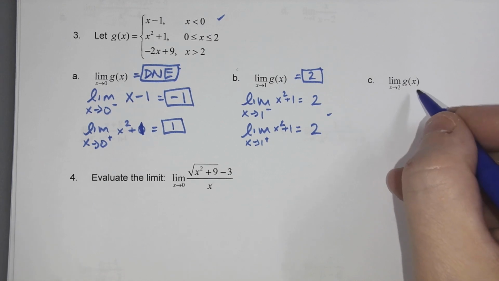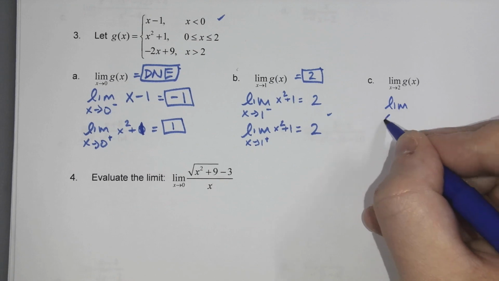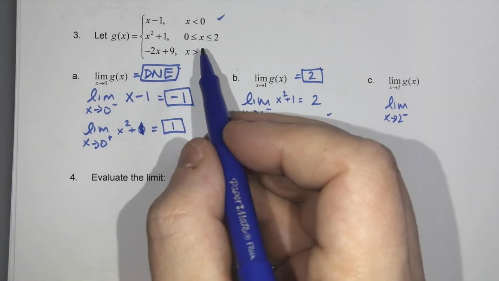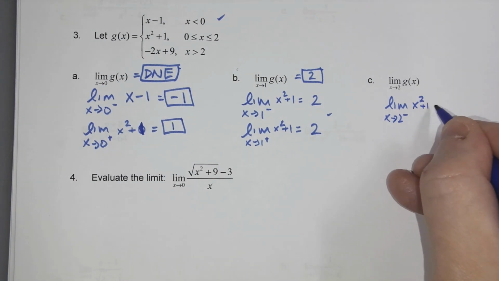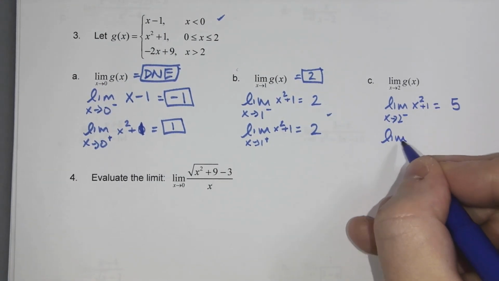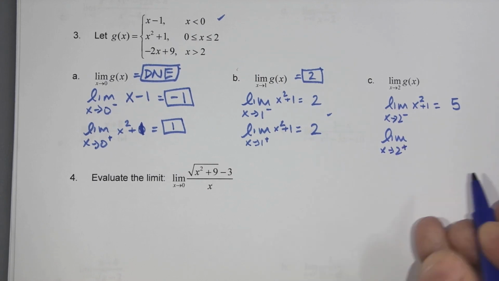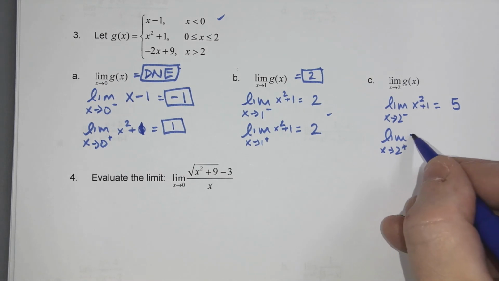Final example for this little part is x approaching 2. So if we do a limit as x approaches 2 from the left, we would be on this interval. 2 squared is 4, 4 plus 1 is 5. And if we approached 2 from the right, we'd be bigger than 2, so we'd be following this rule.